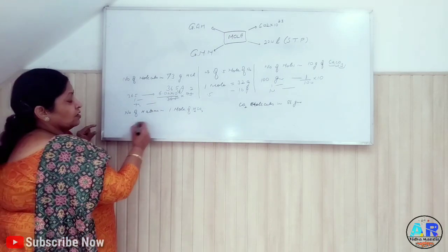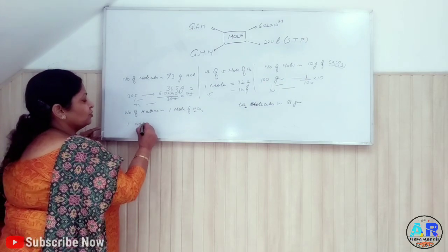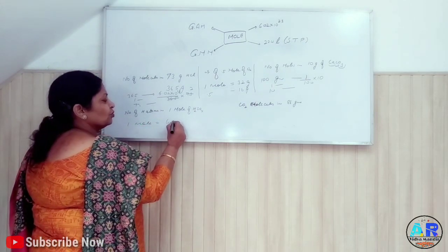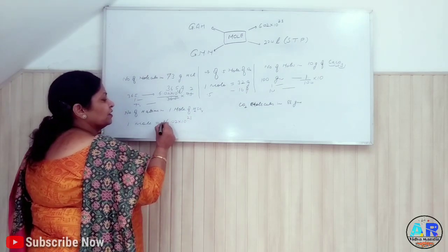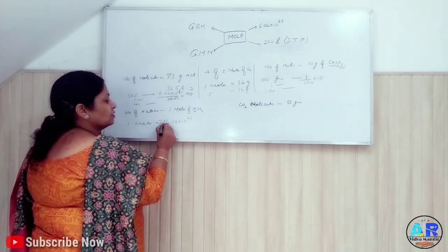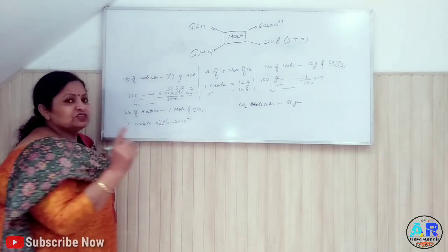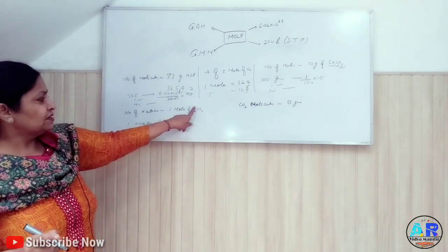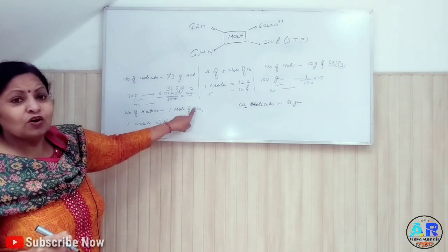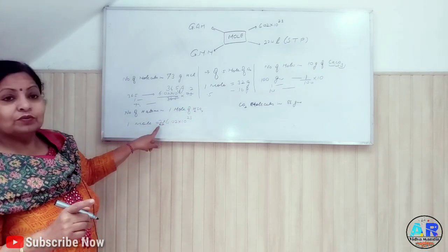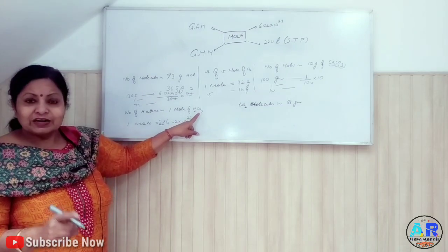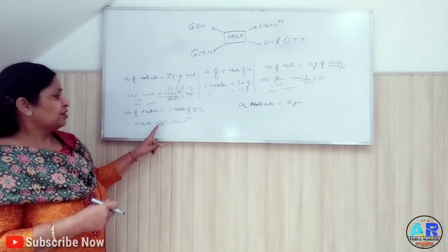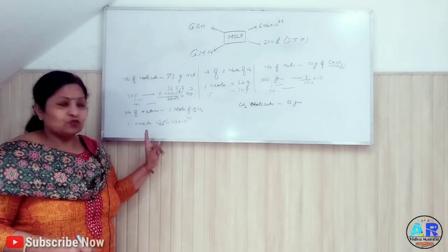So, 1 mole will have 6.02 × 10^23 into the atomicity of the element which we are to find. For example, in this case, we are to find the number of atoms of hydrogen, so we are to multiply it with 2. If we were to find the number of atoms of oxygen, then we had to multiply with 4.